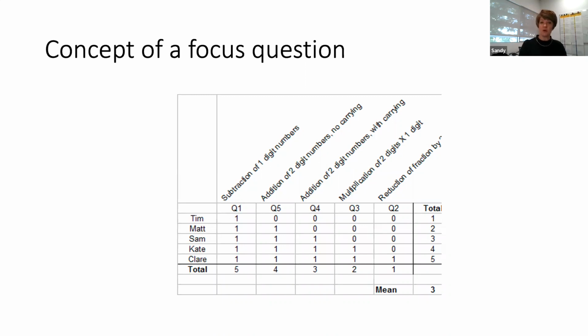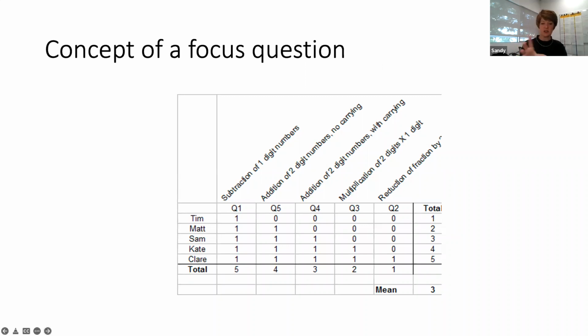What we're looking for when we're analysing and working out the focus questions is the point at which students are getting some questions right and wrong. So Matt's zone of development is around the skills being assessed by questions 5 and 4. He can do addition of 2 numbers with no carrying. He can't yet do addition of 2 numbers with carrying.